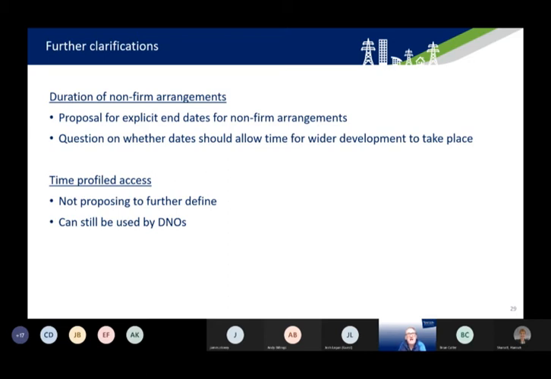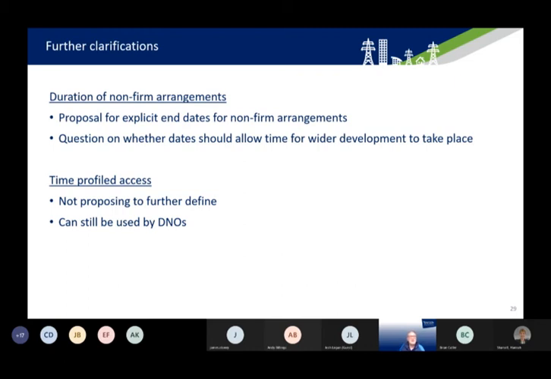That gives time for more consideration of future development and more applications that might come in the future, so that a more strategic or holistic solution is put in place. So that's one of the questions that they've asked.